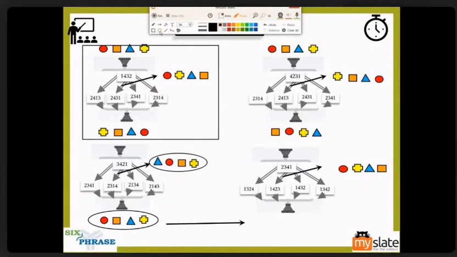So if it is confusing you, what I'll do is I'll do it like this. This one here, and you have a circle, you have a square, you have a triangle.